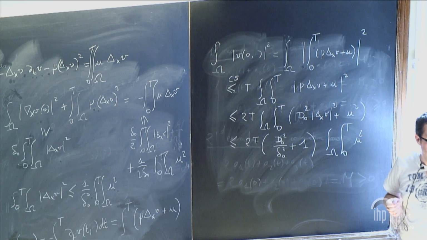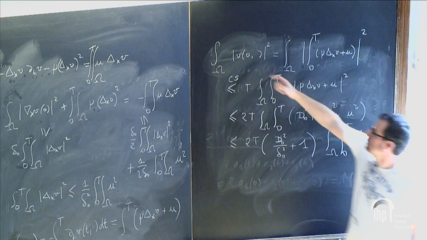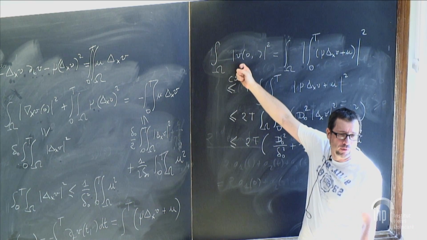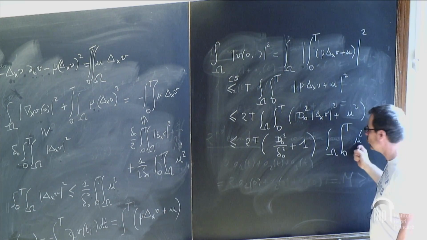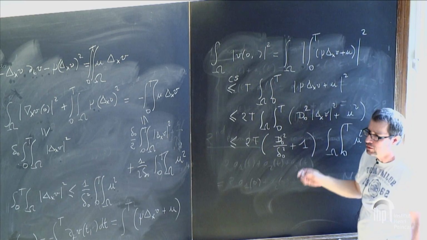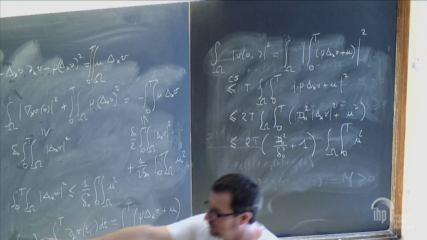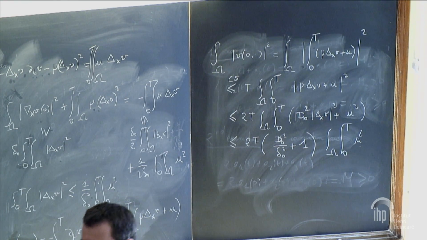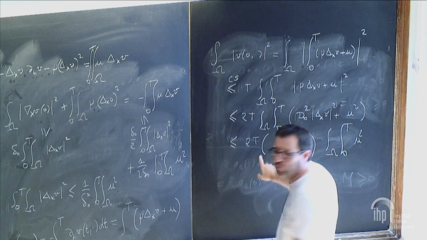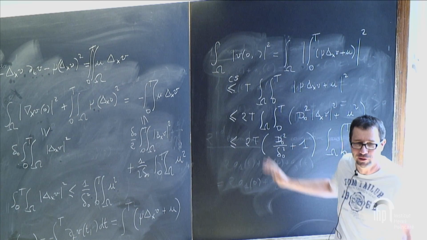So I was able to estimate the L2 norm of v at time 0 by the L2 norm of u. And as you can see, the constant, ct delta, etc., will be this or the square root of this. We will just see now.